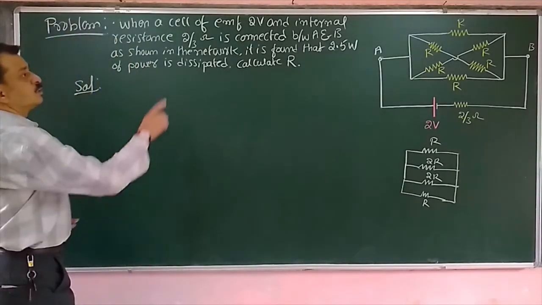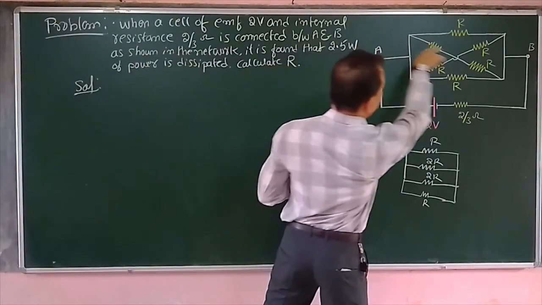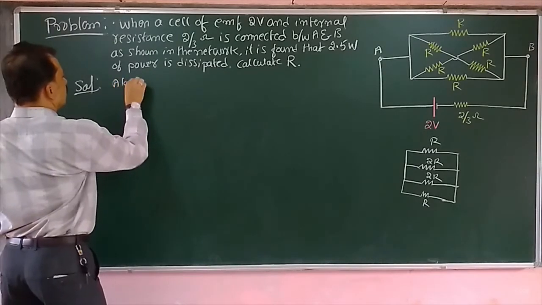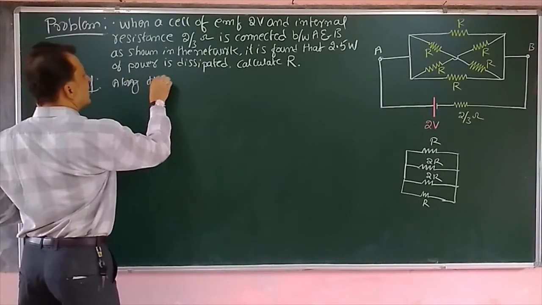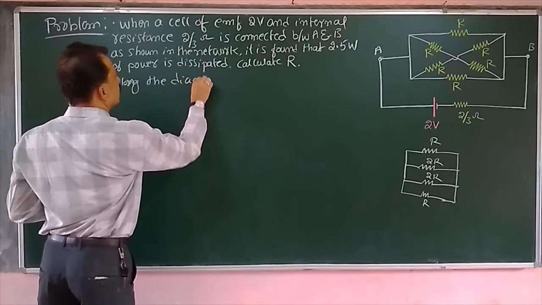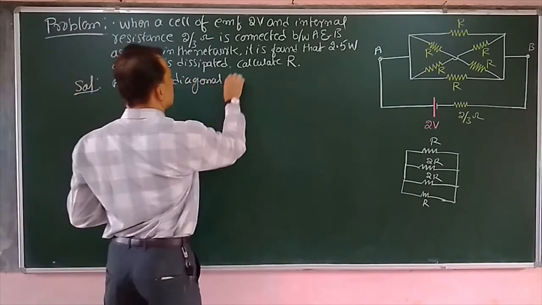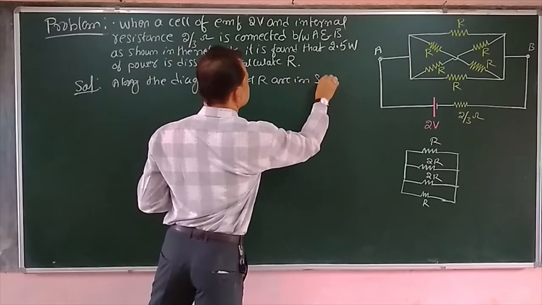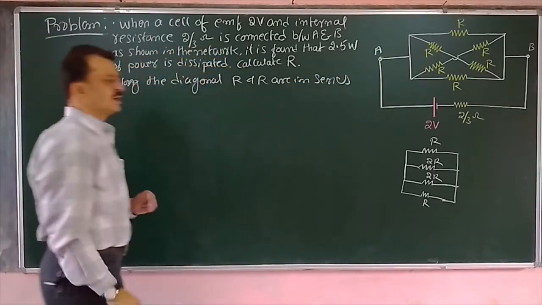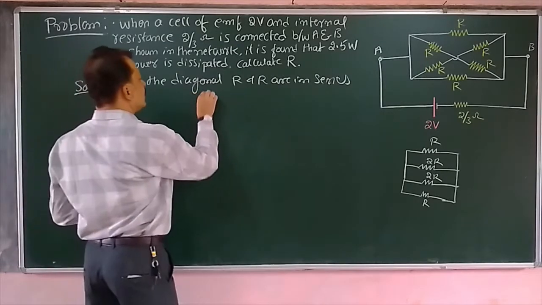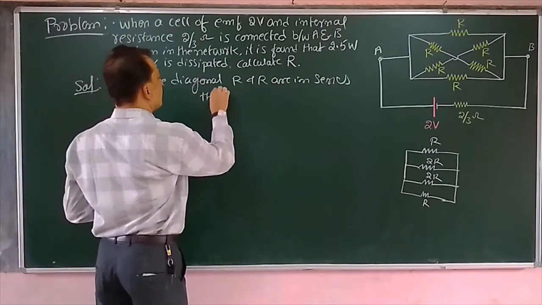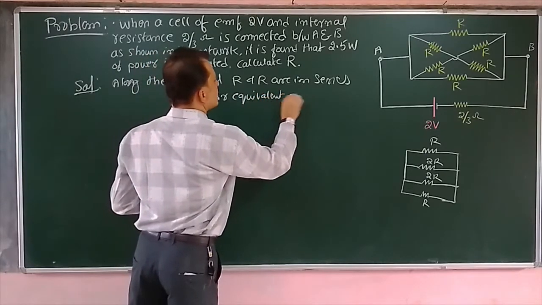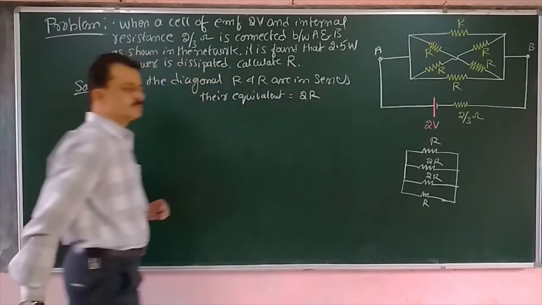Solution. First, along the diagonal, R and R are in series. Their equivalent is equal to 2R.